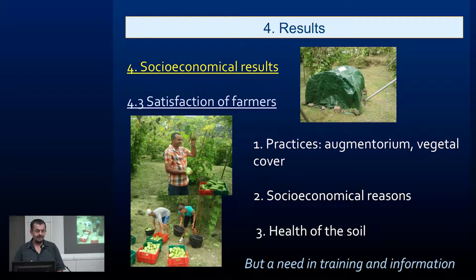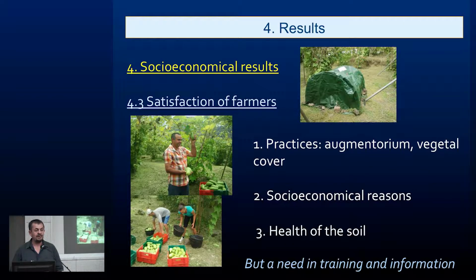They are also interested in this kind of approach because, for the socio-economic reasons you saw before, it's easier to implement in the field. You save a lot of money, and they also appreciated the improvement of the health of the soil.